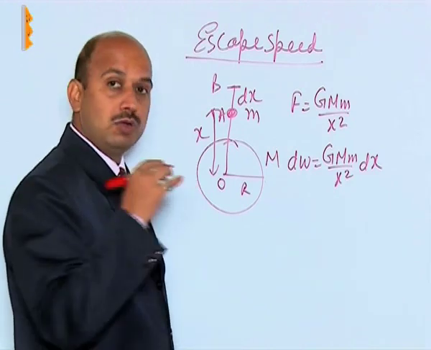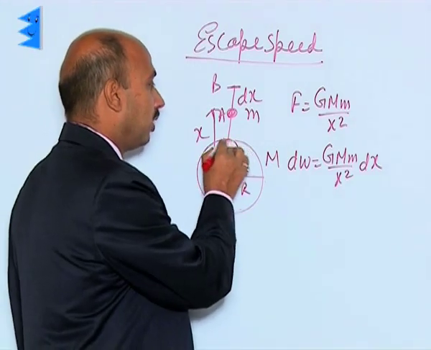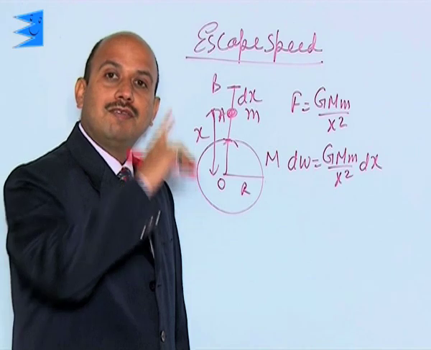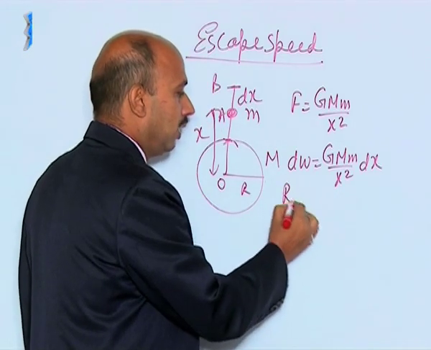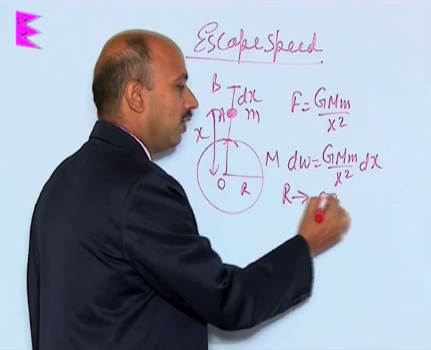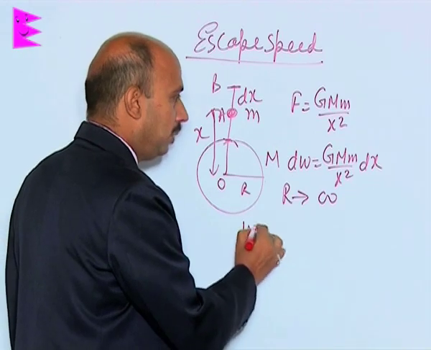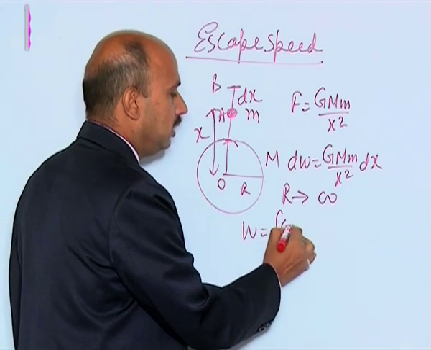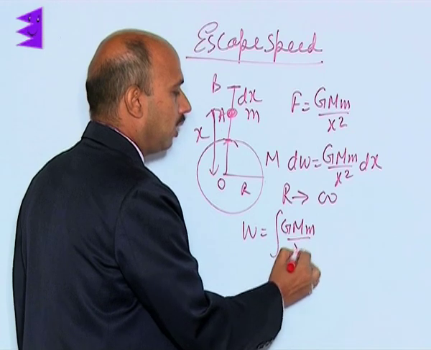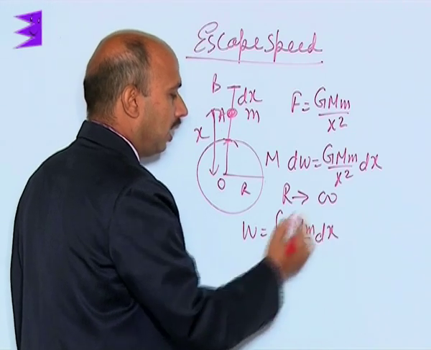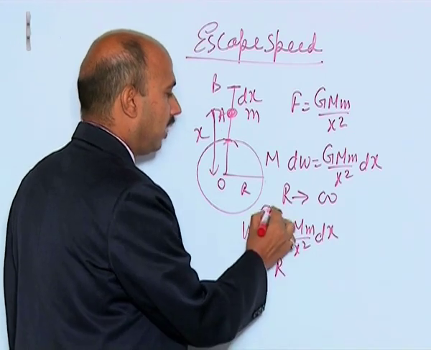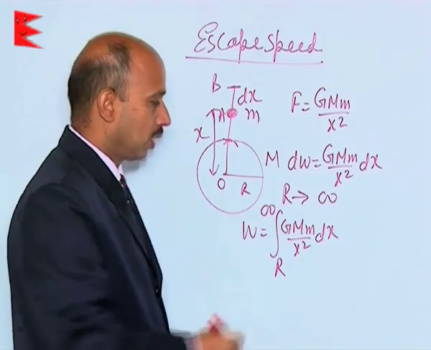Now if you take the body from the surface of earth to infinite distance, that means you are taking the body from R to infinity. Then we get W equal to the integral of GMm upon x square dx, and here R to infinity is the limit. Now we can calculate it.